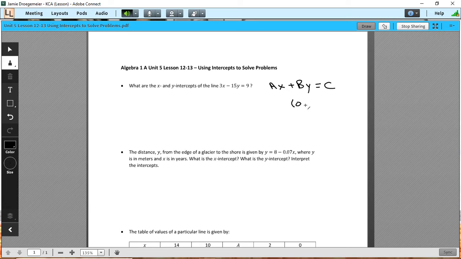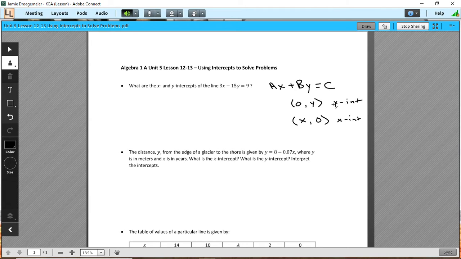If we plug in 0 for x, we can find the y-intercept. If we plug in 0 for y, we can find the x-intercept. So let's go ahead and do that with this equation.